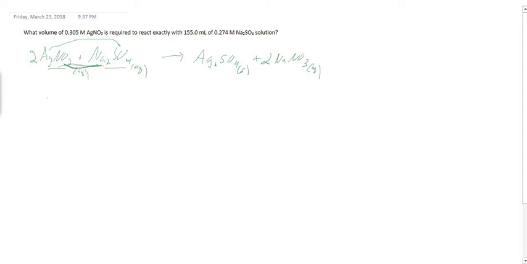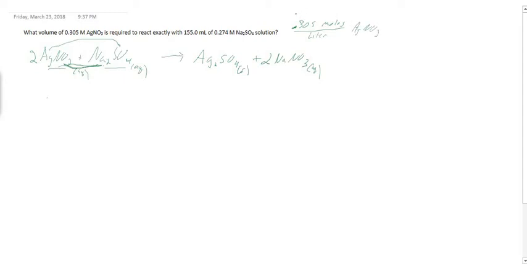Now what I like to do, whenever I see those big M's, those big molars, and I have to do some math with them, unless it's a dilution problem, I always write down what the big M really means. And so this is going to be 0.305 moles per liter of silver nitrate.